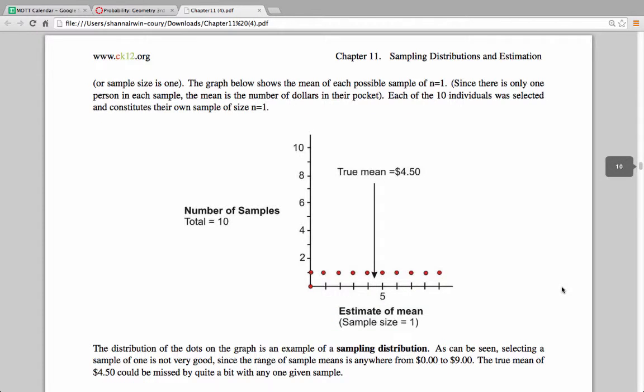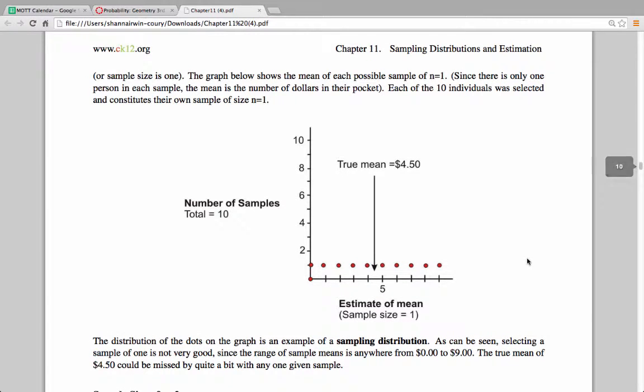Okay, so then suppose instead that we take all possible samples of size 2. All possible samples of size 1, there are 10 of them, because there's pick the first guy, pick the second guy, those are all the possibilities. Once you go up to size 2, though, you increase the number of samples by a pretty good amount.